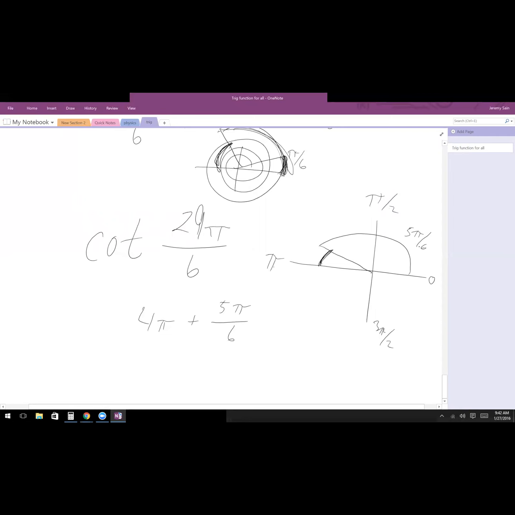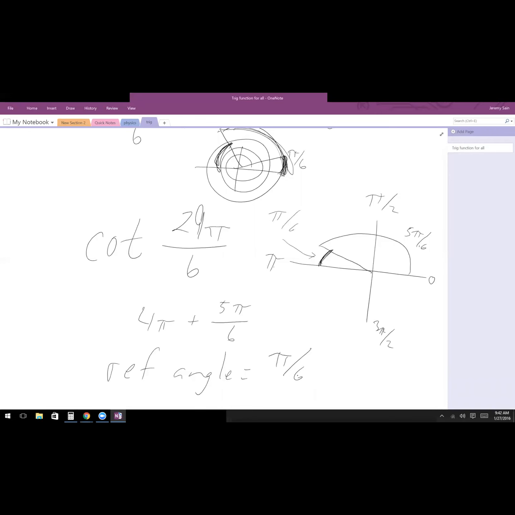So pi minus 5 pi over 6 is pi over 6. So the reference angle is pi over 6. Well, it's still positive.